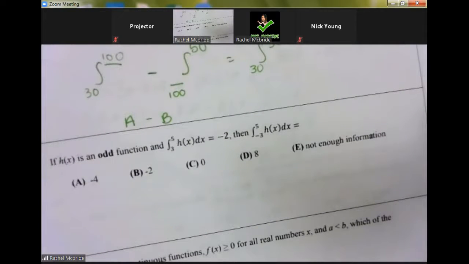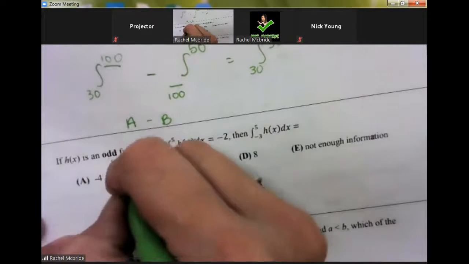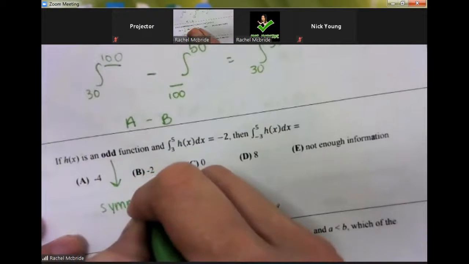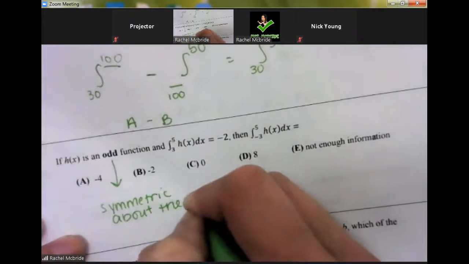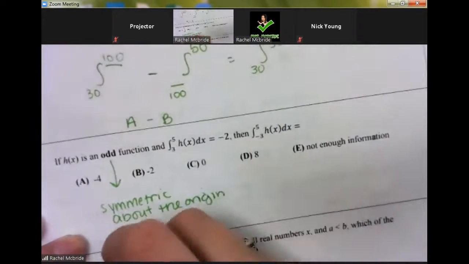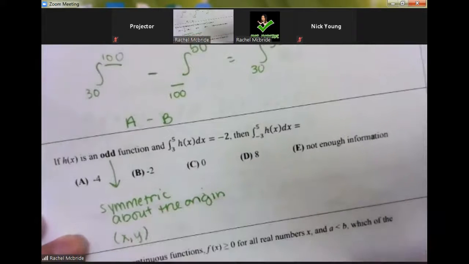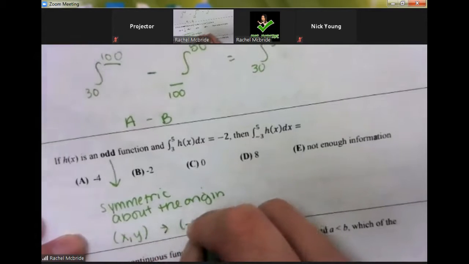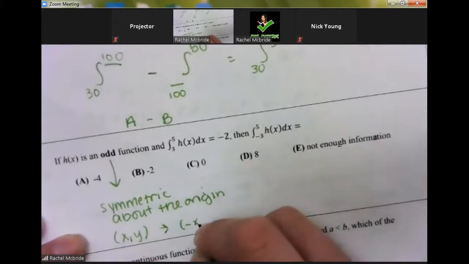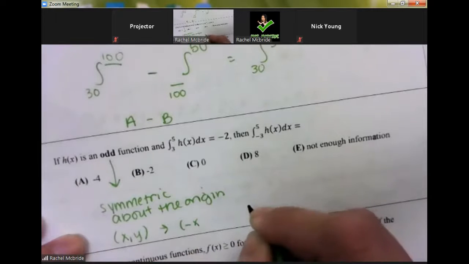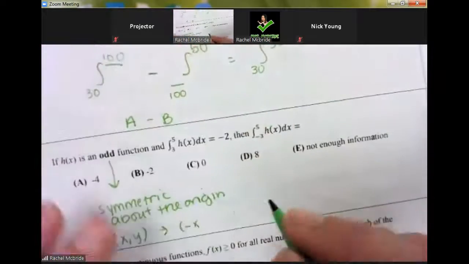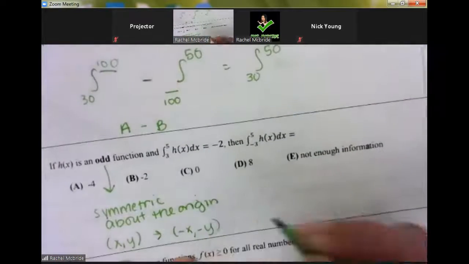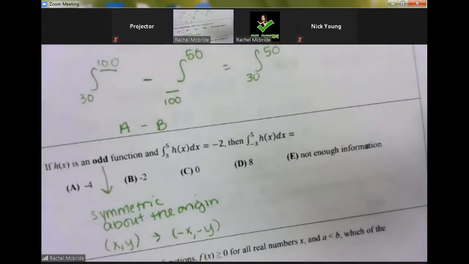Number 4, if h of x is an odd function, so an odd function means it's symmetric about the origin. It also means if your original graph has x, y, then it contains the point negative x, negative y, which would be your first reflection.